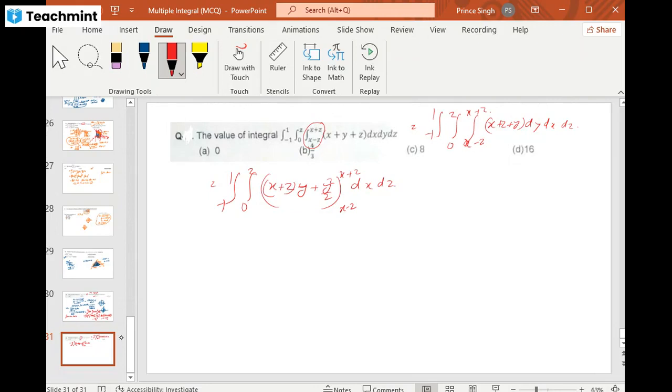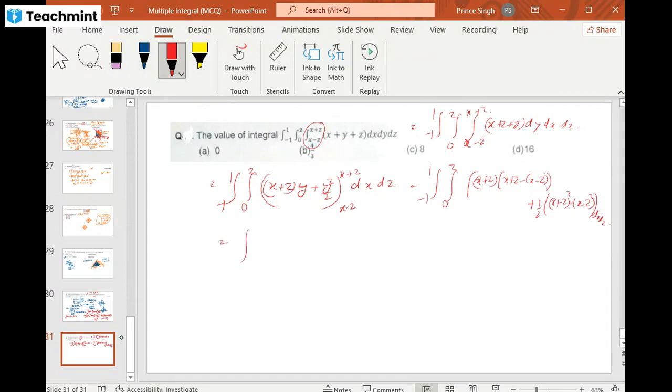So on substituting the limits, this is minus 1 to 1, 0 to z, x plus z into upper limit minus lower limit, plus 1 by 2, x plus z square minus x minus z square, dx dz.